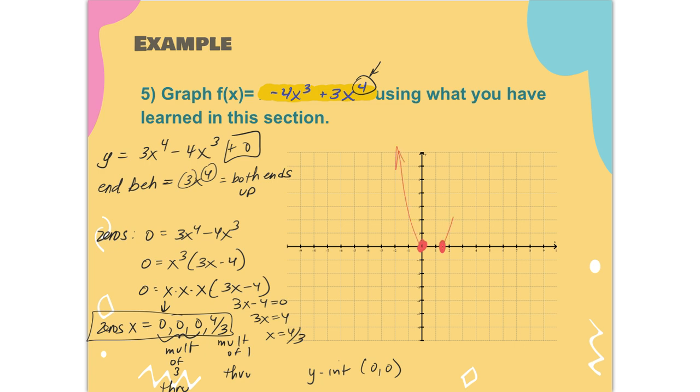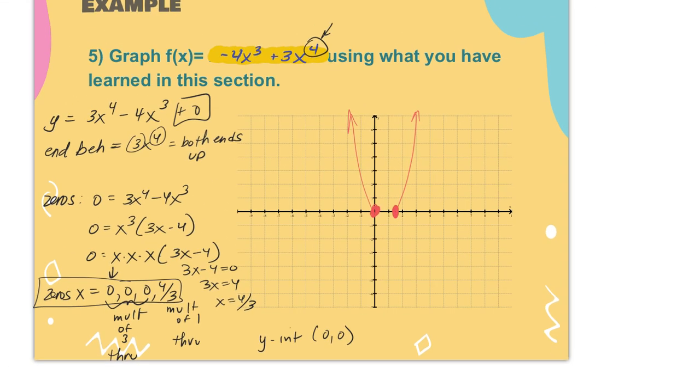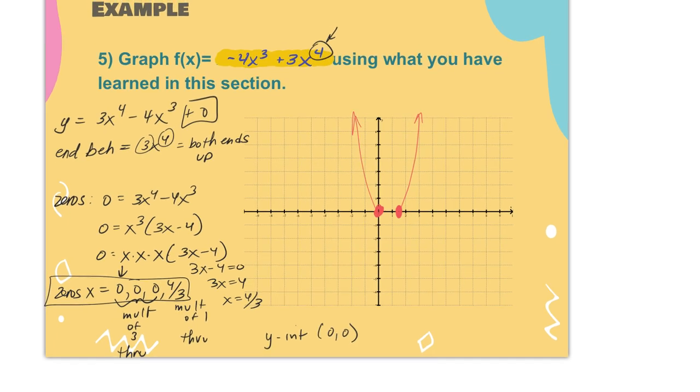So up and up. And I'm going to use an intermediate value to kind of identify how far down my graph is going to go here. So what I'm going to do is I'm going to choose maybe 1. That's an easy one. So I'll come over here and I'll plug 1 in for x.